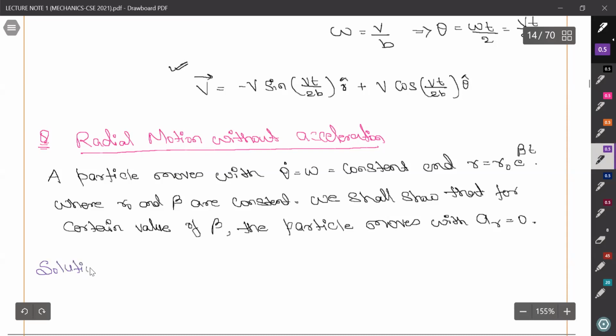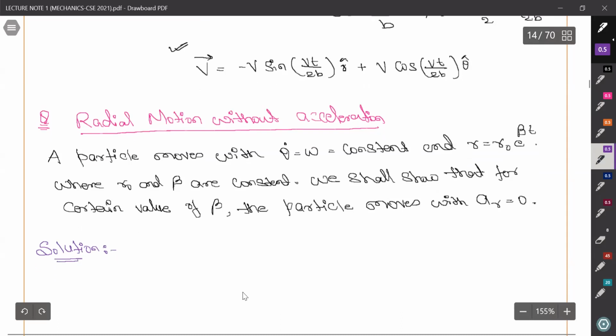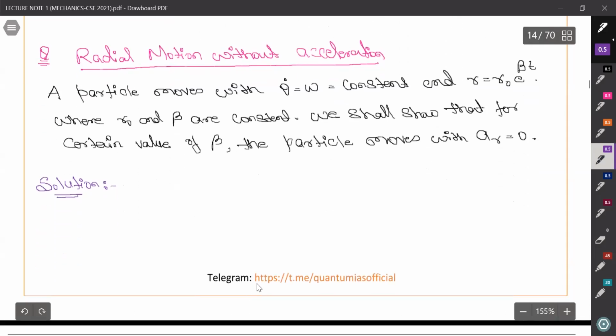Try. Don't look at the solution before trying. You should try first, then look at the solution. So what do we know? We know that these are r theta, and these all are in curvilinear motion.